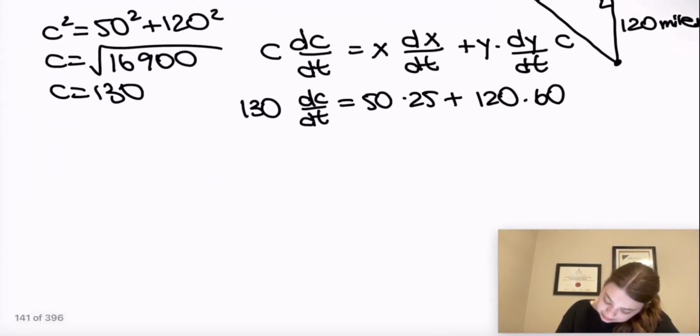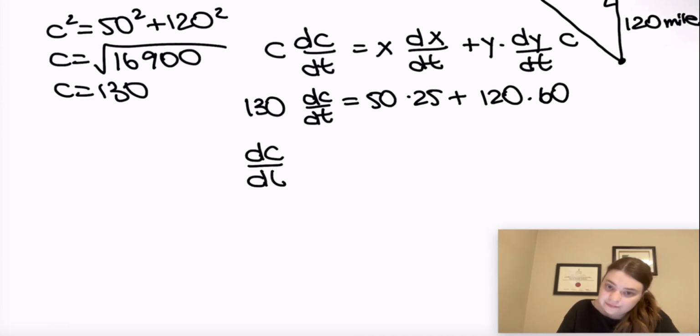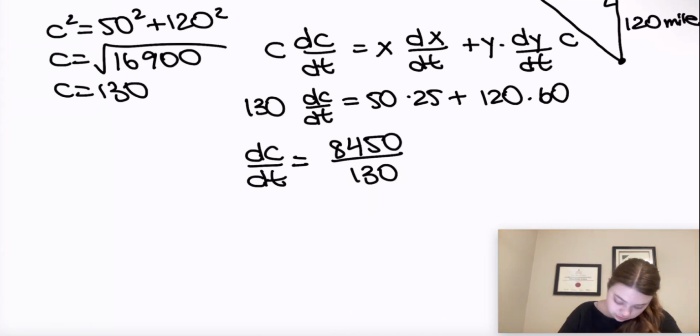Okay, so then we're going to end up with dc/dt is equal to 50 times 25 plus 120 times 60, which is 8,450, over 130, and that is equal to 65.